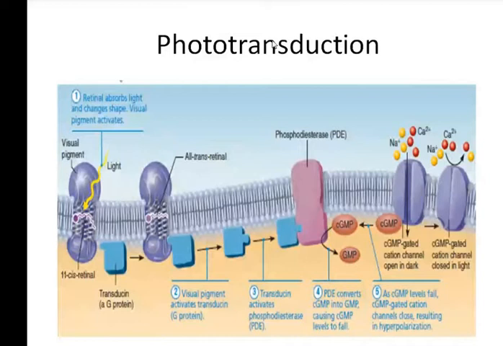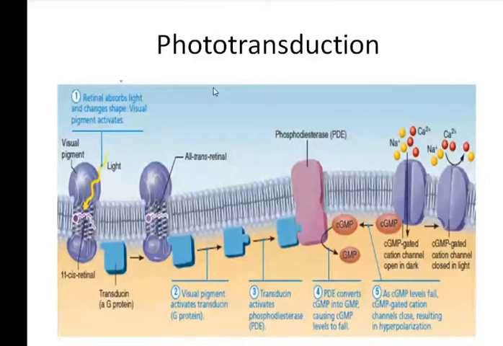If you look here, this is one of the segments. You have already read that in the rods there are structures, the outer segment and the inner segment. Have you read that, inner segment, outer segment?